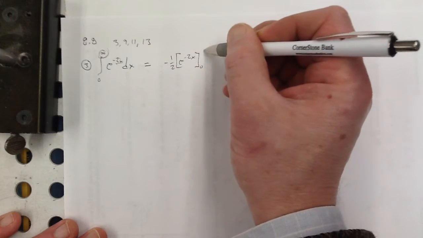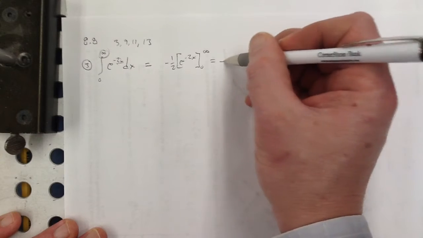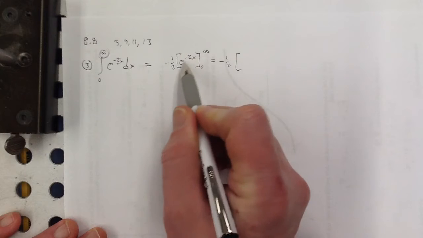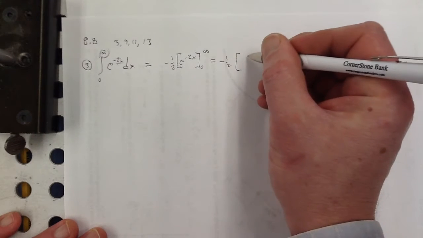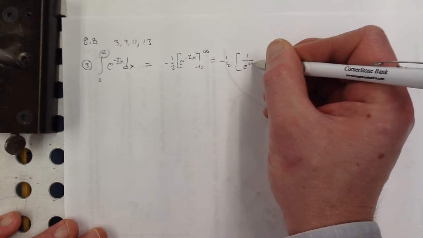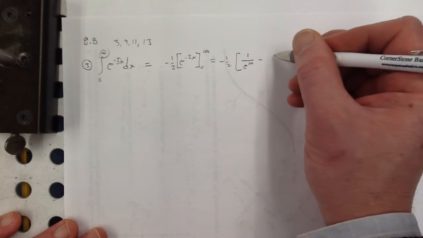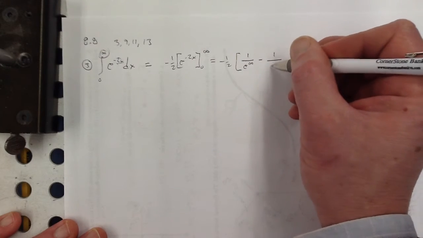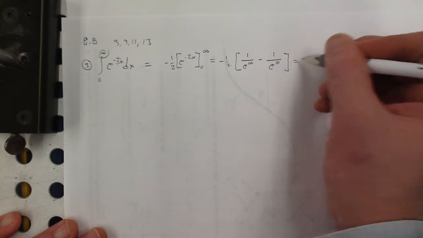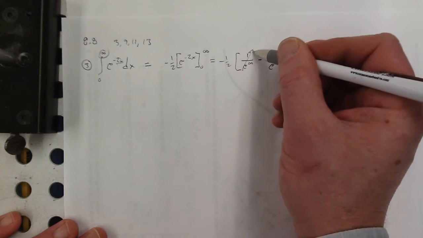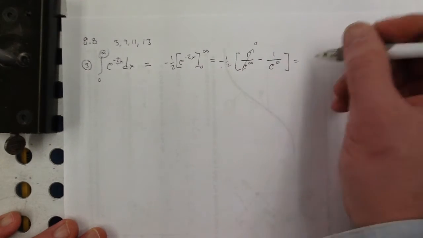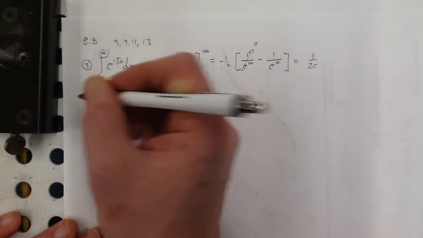So negative 1/2 times 1 over e to the 2x, so that's 1 over e to the infinity minus 1 over e to the 0. And this does indeed go to 0. So I have negative 1/2 times negative 1 over e, and that's 1 over 2e.